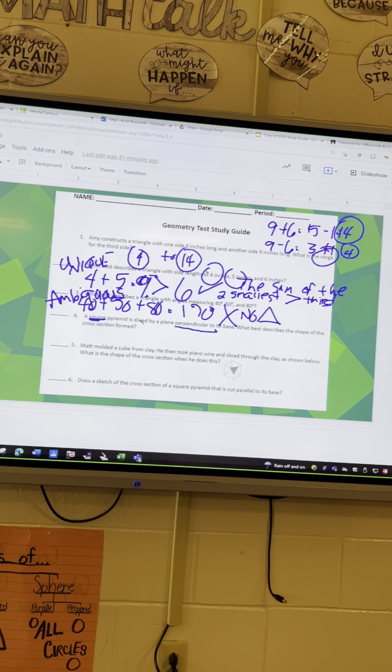So that means the base is a square, and the face, it is a pyramid, is a triangle. If it's perpendicular to the base, it's going to be the shape of the face. Perpendicular is the face. So the shape of the cross section would be a triangle.